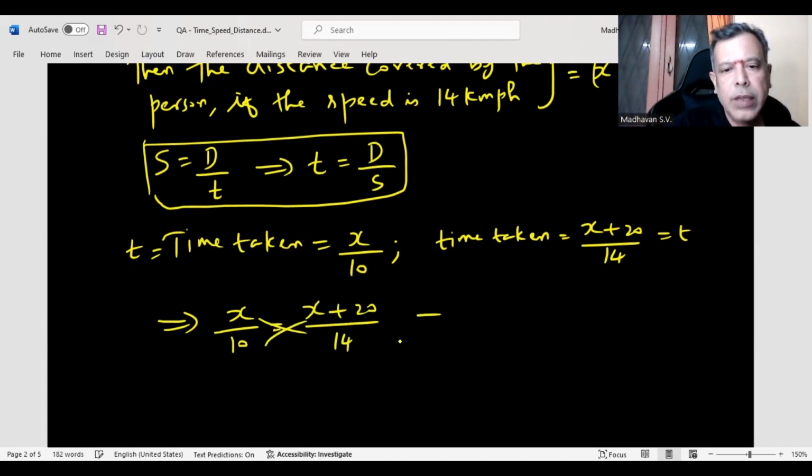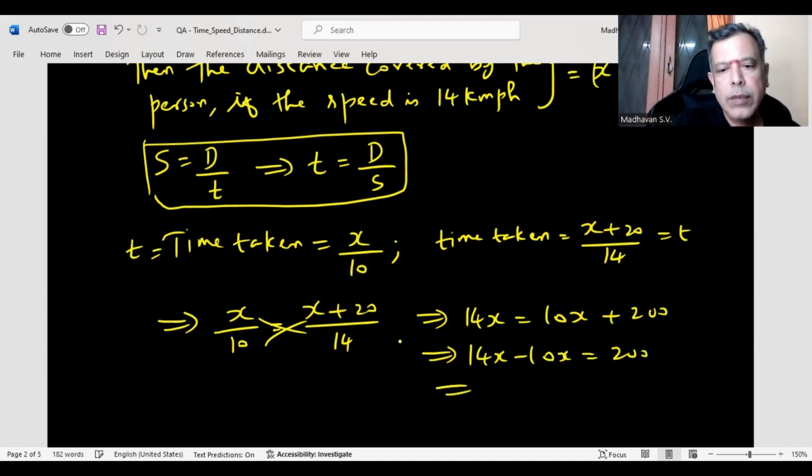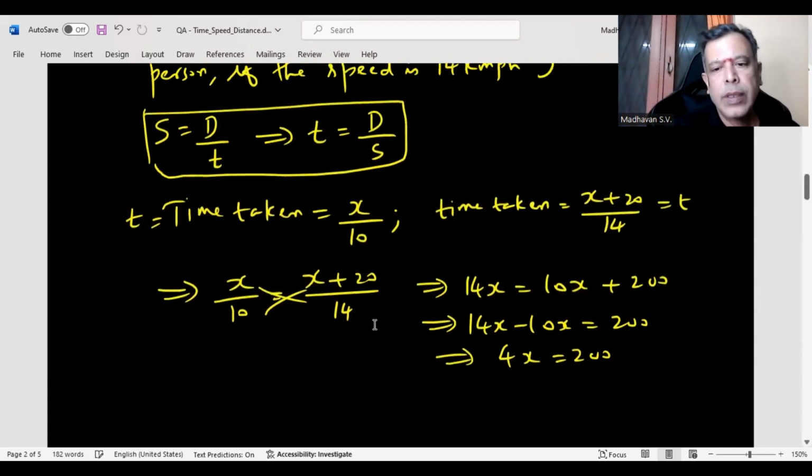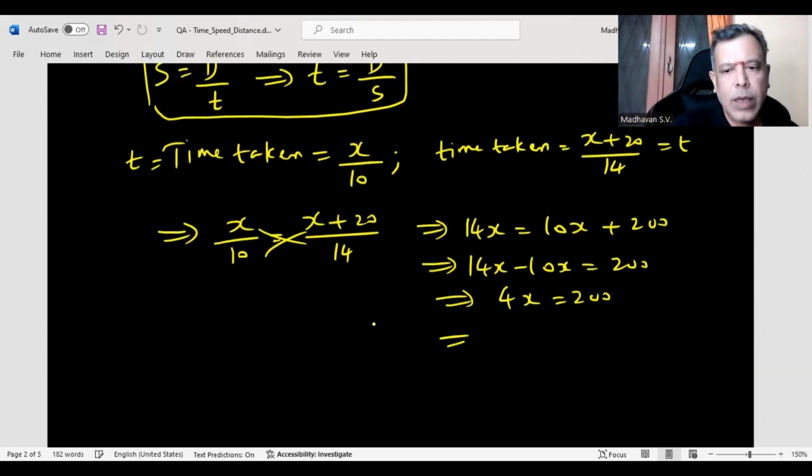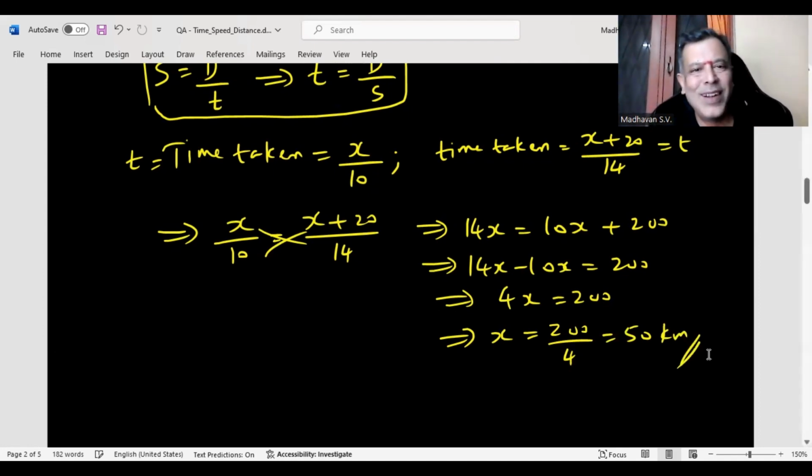Cross multiplying, we will have 14x is equal to 10x plus 200, or 14x minus 10x equal to 200, which means 4x equal to 200. That means x is equal to 200 by 4, which is 50. It is kilometer, 50 kilometer. That will be the result.